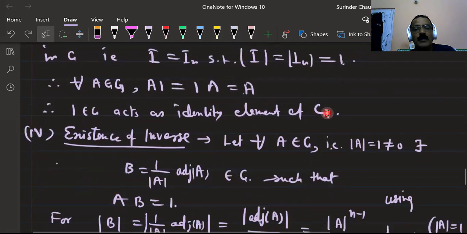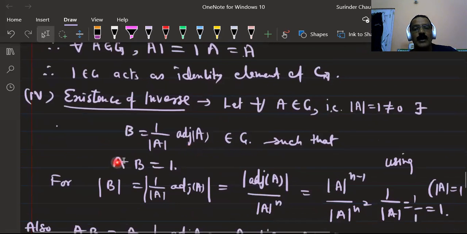Now next is existence of inverse. Let A belong to G, so determinant of A is equal to 1, not equal to 0. There exists a B, the inverse of A, belonging to G such that A into B is equal to I. So what is the determinant of B?